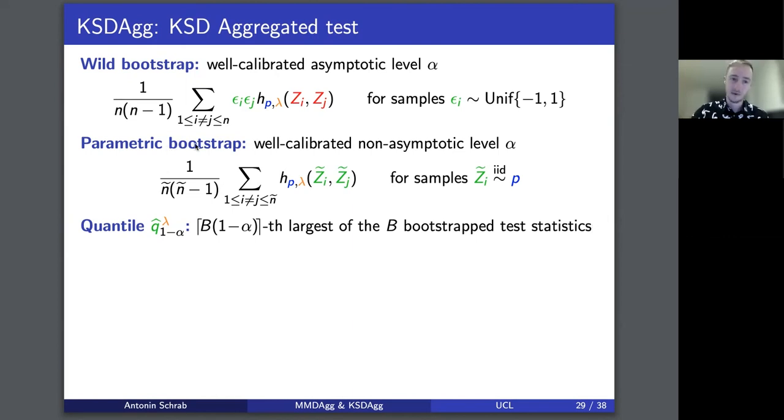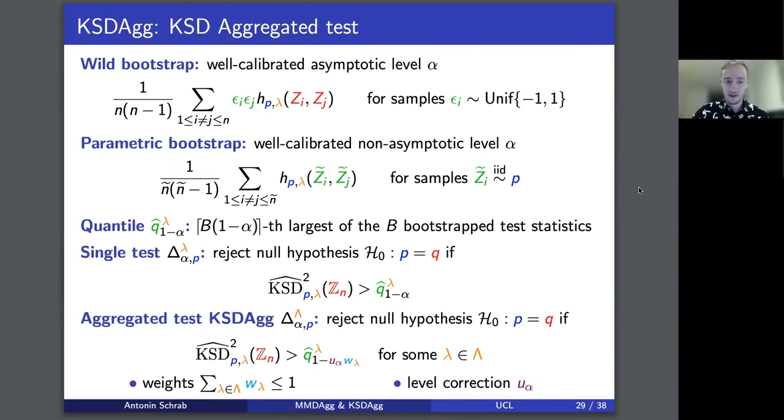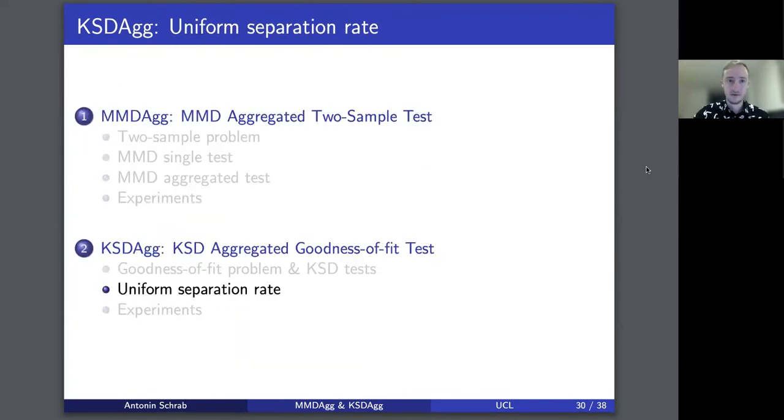However, for parametric bootstrap, we're able to get non-asymptotic level, but this comes at the cost of assuming we can sample from P. As before, the single test is defined as rejecting the null hypothesis if the KSD is larger than the quantile, and the aggregated test is defined as rejecting if the KSD is greater than the quantile for some lambda. This is given some weight that the user chooses, and the level correction is defined as before.